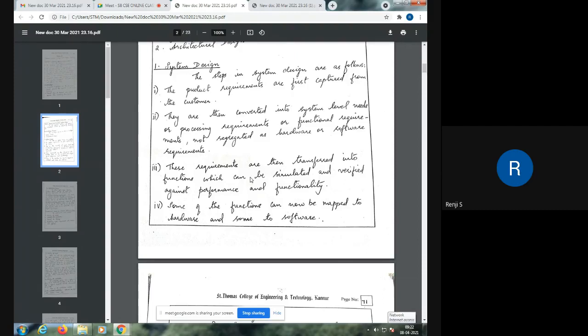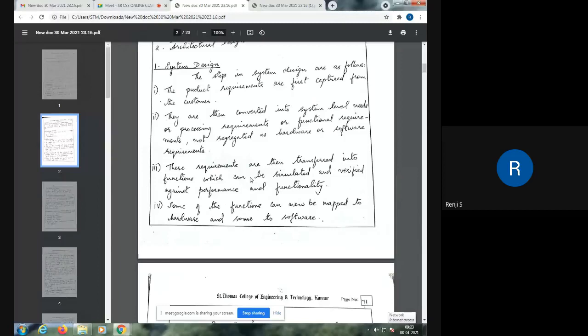And here also we have to collect requirements from the customer, because the customer is the person who approaches the developer to build a product. So the developers will ask the customer what they want, what functionalities they intend to implement. So the first step in system design is discussion with the customer and collecting the requirements. Since we are going to develop an embedded system, a final product will be developed.